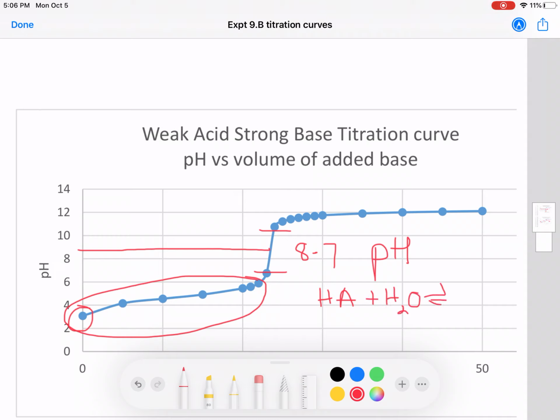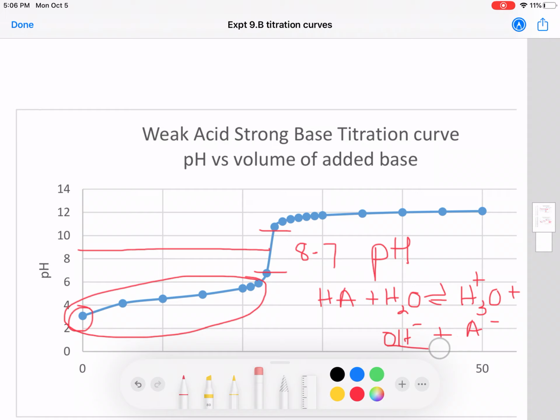We can have H3O plus and A minus. In this region we can see the pH changes gradually because you are in the buffer region. So when you add the base, the hydroxide ion OH minus is going to react with HA. Okay, I made a mistake.